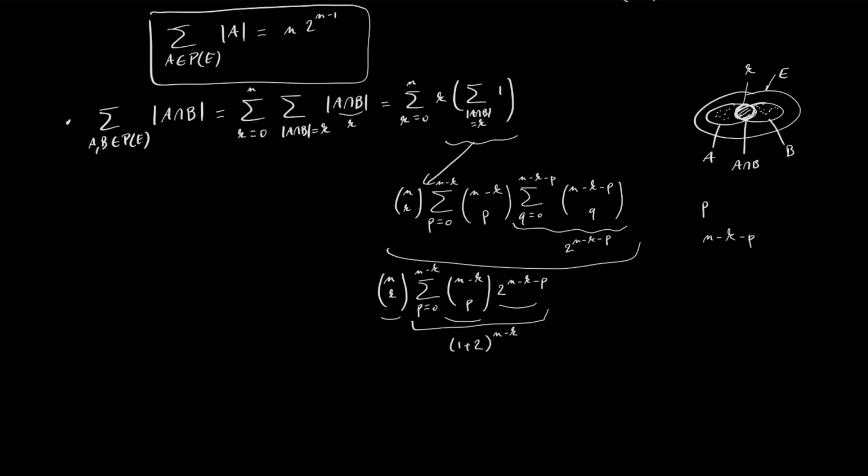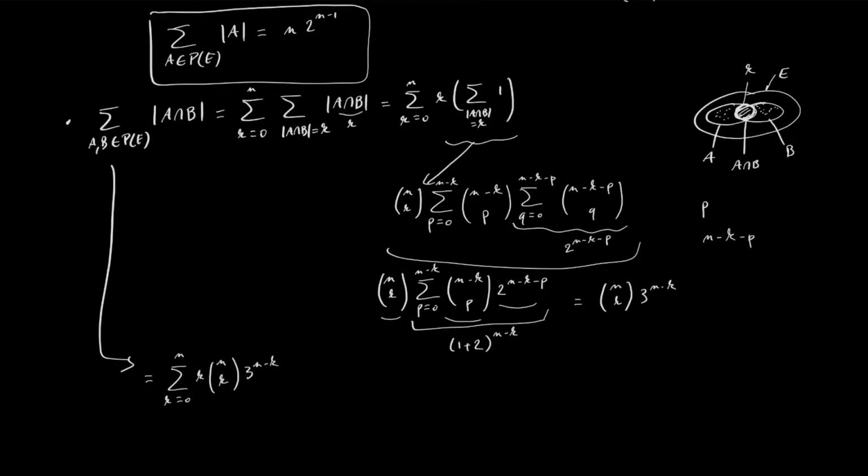So in other words, this is equal to n choose k, 3 to the power of n minus k. So we can write that this sum is equal to the sum from k equals 0 to n of k, n choose k, 3 to the power of n minus k.